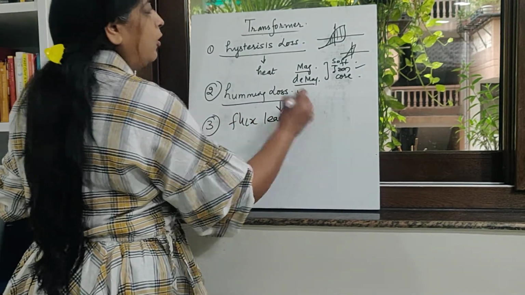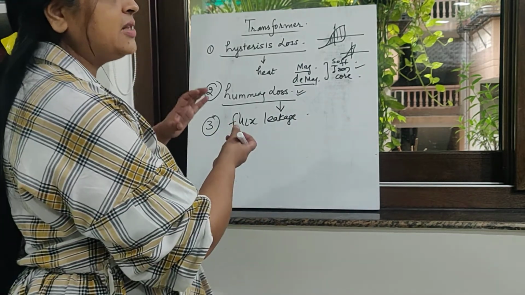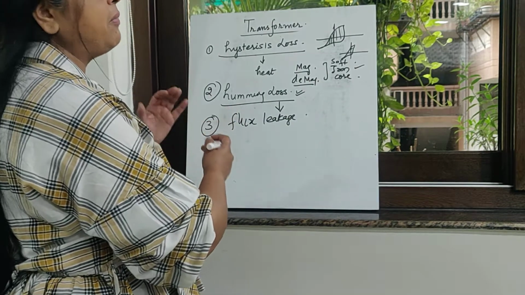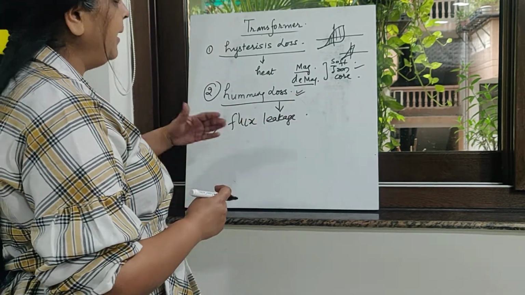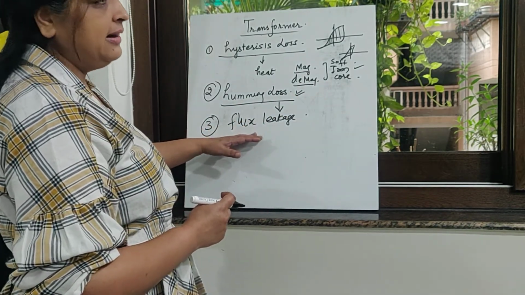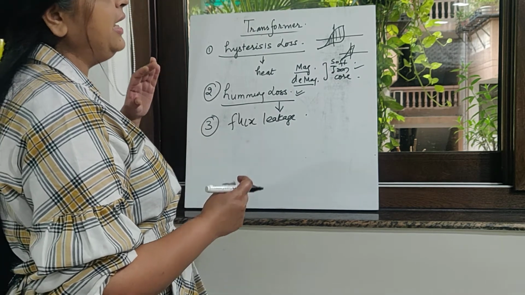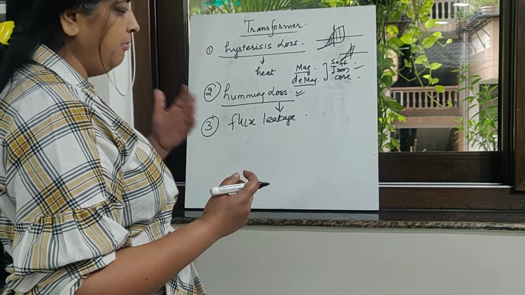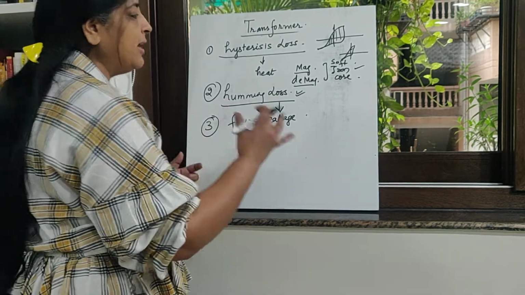Although we have said that all the flux which is linked with the primary gets linked with the secondary, all the flux changes in the primary get linked with the secondary, the flux leakage is still there. Now we can change the orientation of the coils in order to have 100% flux linkage.